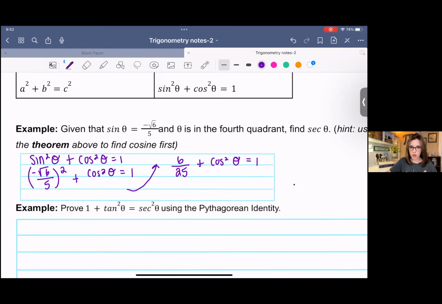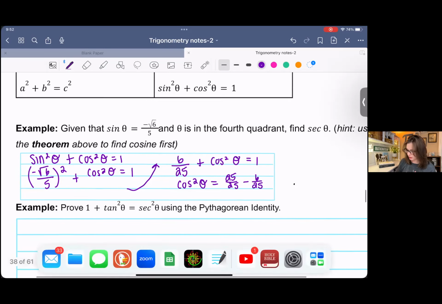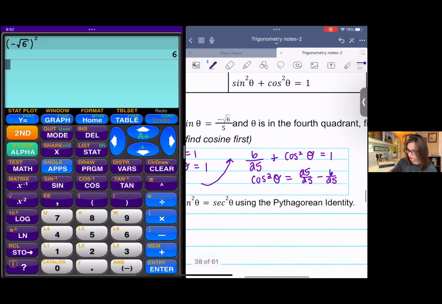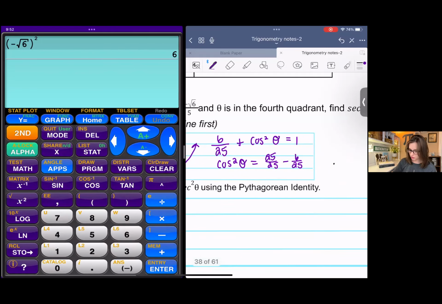Then I'm going to subtract 6/25. I'm going to change 1 to 25/25 just to get that common denominator. You don't have to do that. If you are doing it by hand, you do. But if you're using a calculator, you can do 1 minus 6/25.